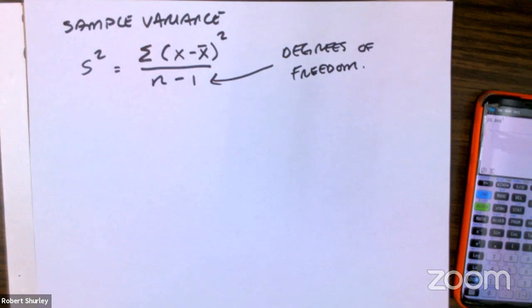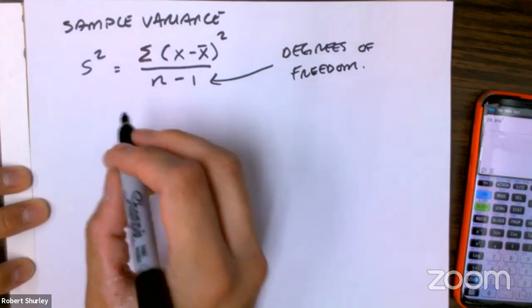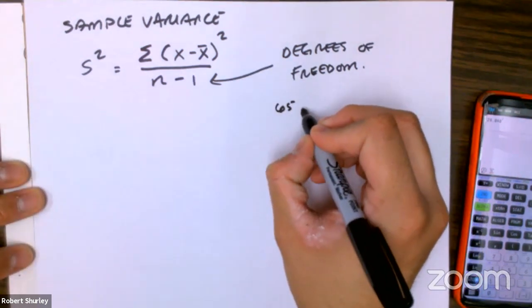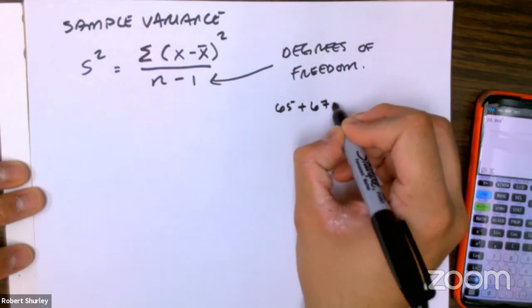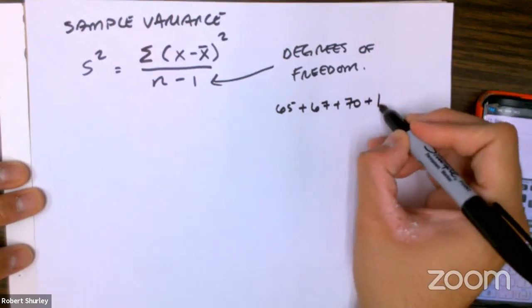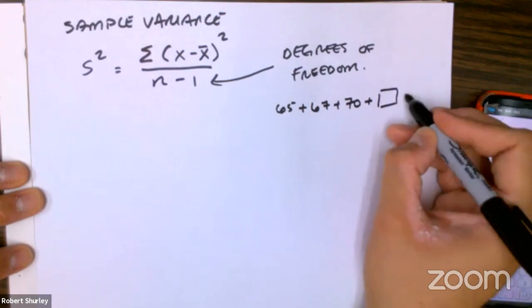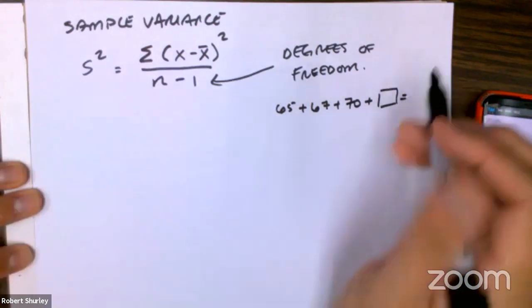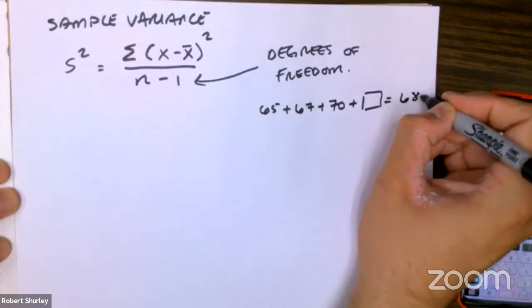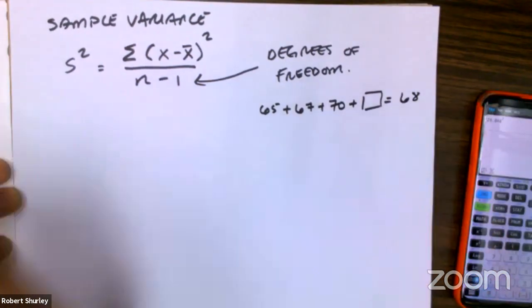But the reason it's like that is, let's say we were adding up test scores to get an average. So we had 65 plus 67 plus 70 plus, now I don't know what this test score is, but I know the average is 68.